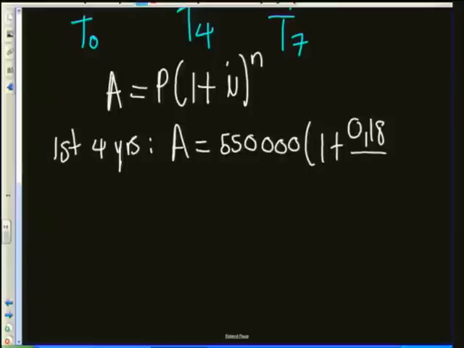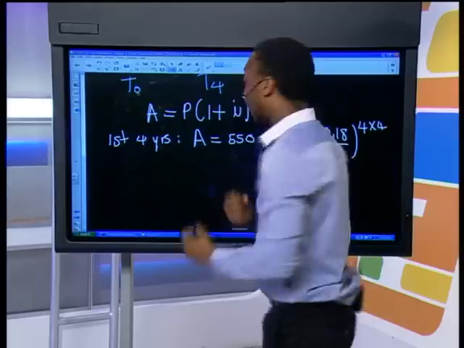However, it's compounded quarterly, so that means divided by 4, which gives me my effective interest rate. And the number of time periods: yes, it's 4 years, but it's compounded 4 times a year, so it is to the power of 16. That's my value of n.